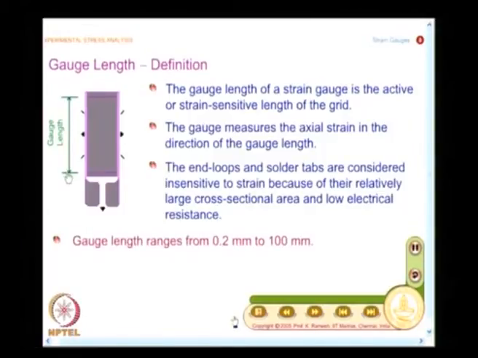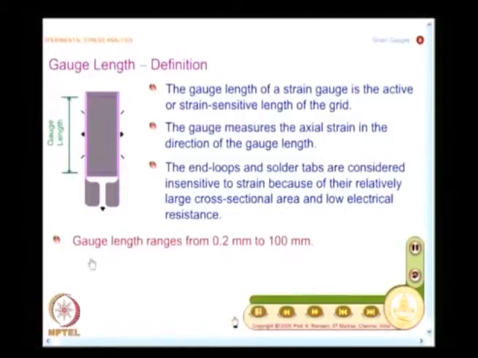And I have already indicated the end loops and solder tabs are considered insensitive to strain because of their relatively large cross sectional area. You had seen in the enlarged picture that end loops are made deliberately thick, so that they have low resistance and will be relatively insensitive to strain measurement in the transverse direction.